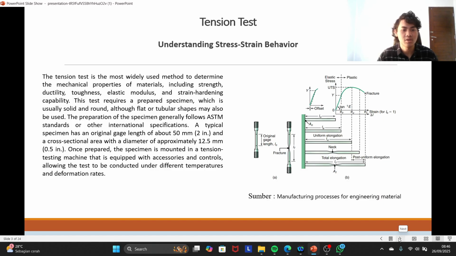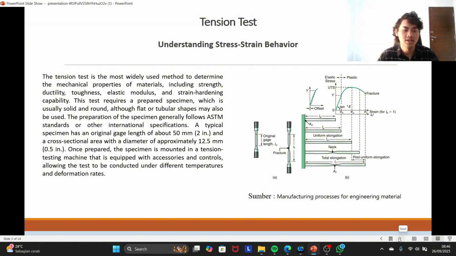This test requires a prepared specimen, which is usually solid and round, although flat or tubular shapes may also be used. The preparation of the specimen generally follows ASTM standards or other international specifications.